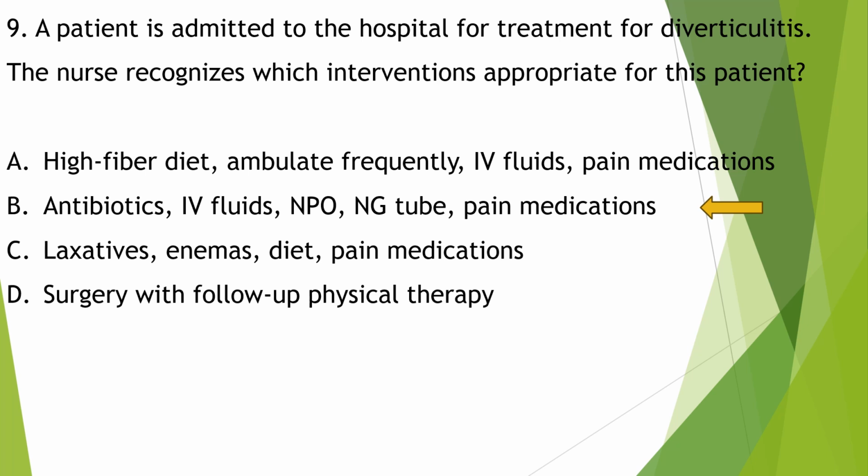Pain medications may be given as needed and opiates are frequently needed. If patients develop complications such as perforation, hemorrhage, obstruction or abscess, they may require surgery to remove the diseased portion of the colon. So here: antibiotics, IV fluids, NPO, NG tube and pain medications.